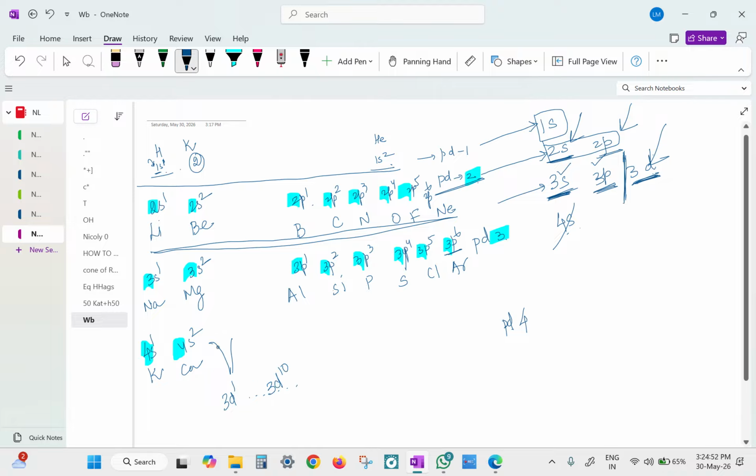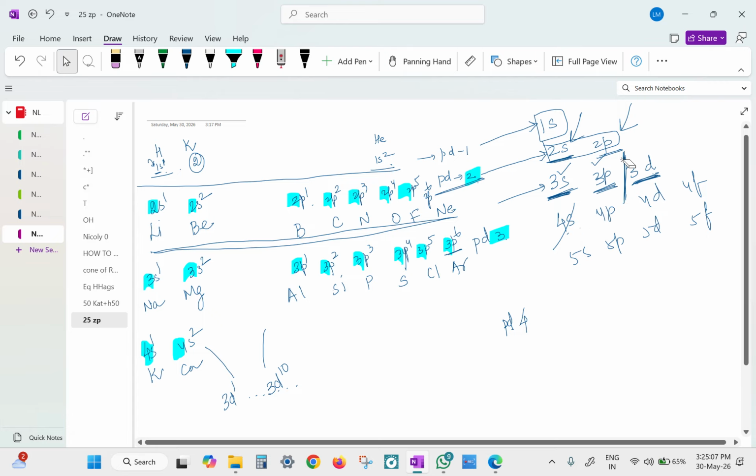So up to 3d10, in between these two, we should be having elements, right? Okay, let me write it here. So this is 4p, 4d, 4f, 5s, 5p, 5d, 5f.